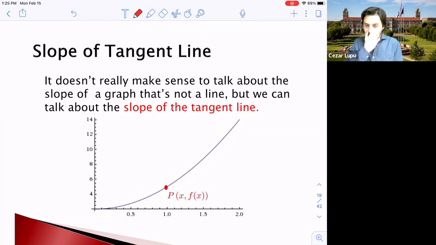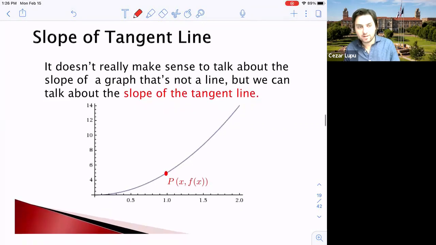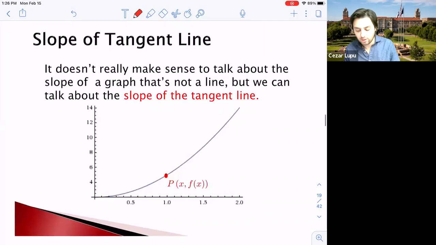Coordinates x, f of x. Well, it doesn't really make sense to talk about the slope of a graph that's not a line, but we can talk about the slope of the tangent line. So this is important here, because when we talk about the slope of the tangent line, this is how we're going to define the derivative. So keep this word, the slope of the tangent line. So this is what we'd like to talk about.